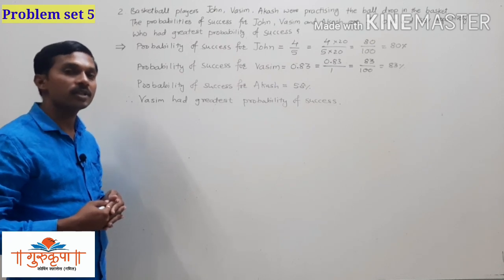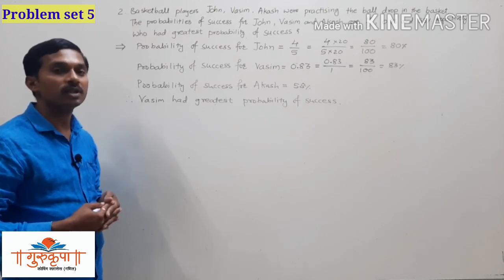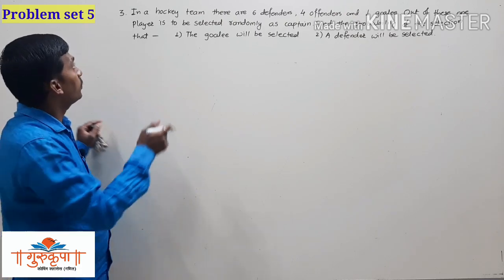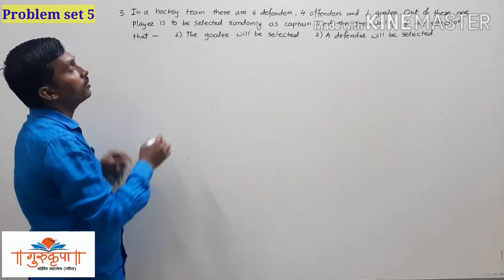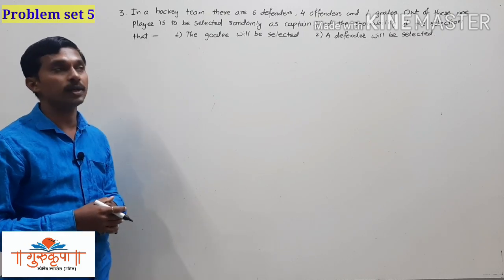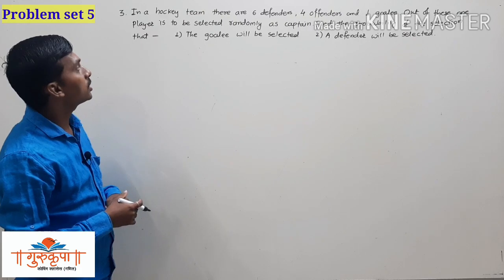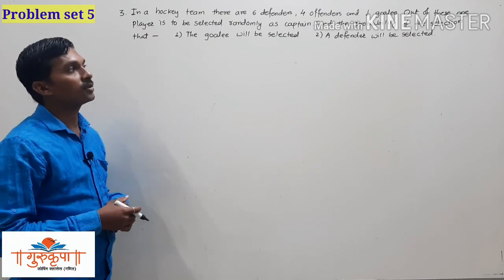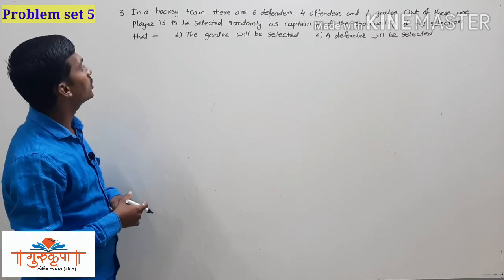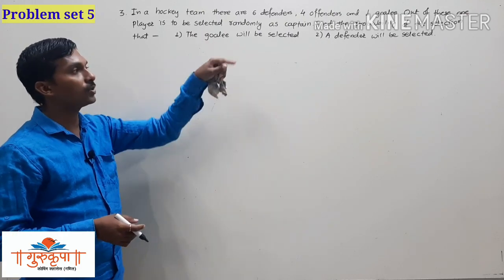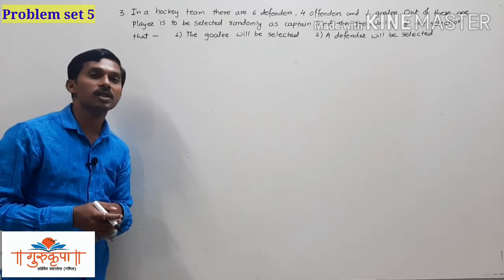Now we will solve the next example, example number 3, the third example from problem set 5. The question is: in a hockey team there are 6 defenders, 4 offenders and 1 goalie. Out of these, one player is to be selected randomly as captain. Find the probability that number 1, the goalie will be selected, and number 2, a defender will be selected.